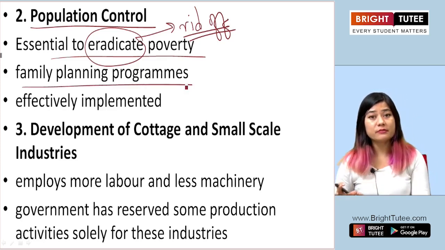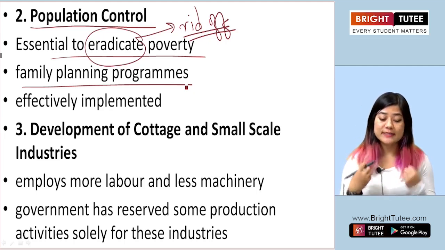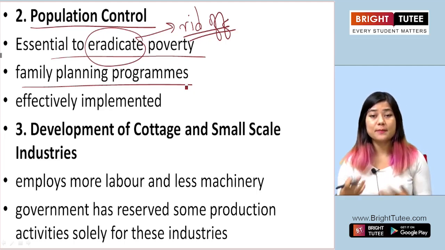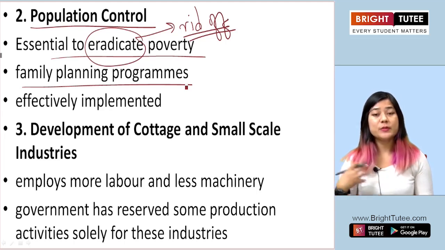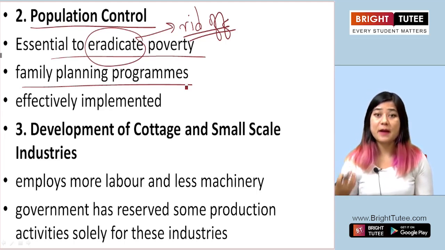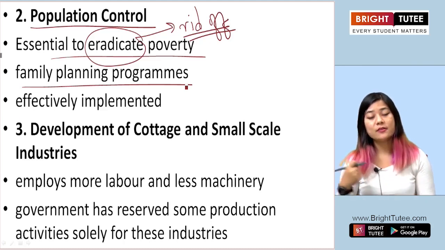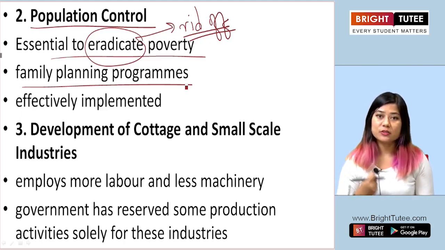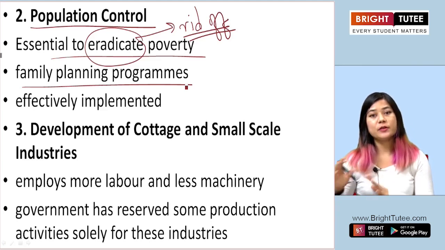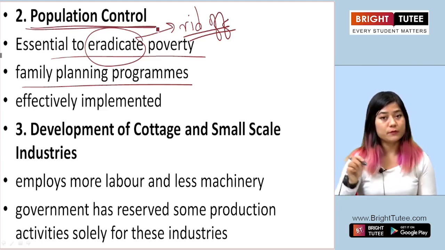There have to be programs which will spread awareness about family planning, which will teach people about family planning, and they can effectively apply those teachings, apply those learnings, and then that will go on to the control of the population.